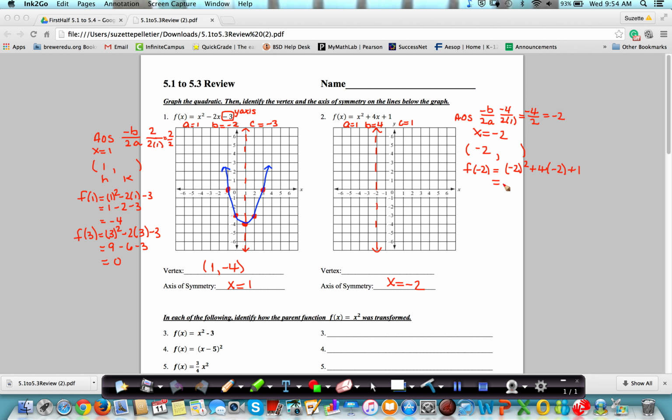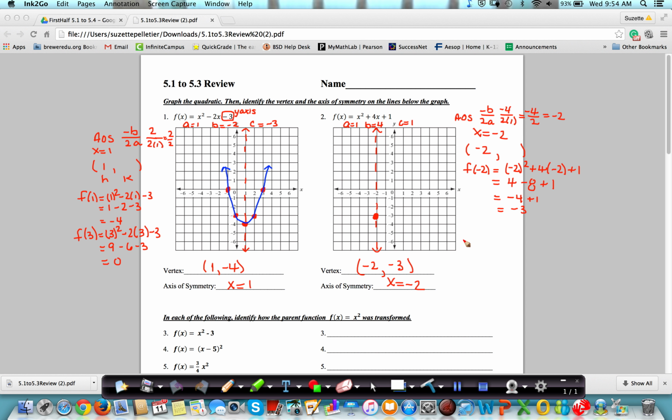So -2 times -2 is +4. 4 times -2 is -8 plus 1. Okay, so 4 minus 8 is -4 plus 1 gives me -3. So my vertex is right here at -3. So I have a vertex of -2, -3.